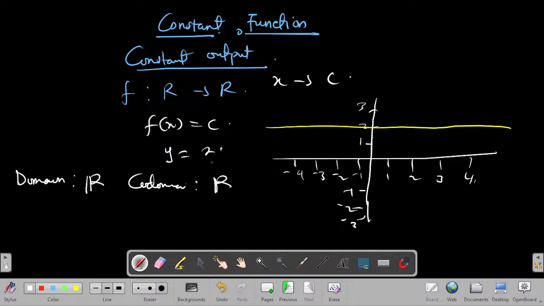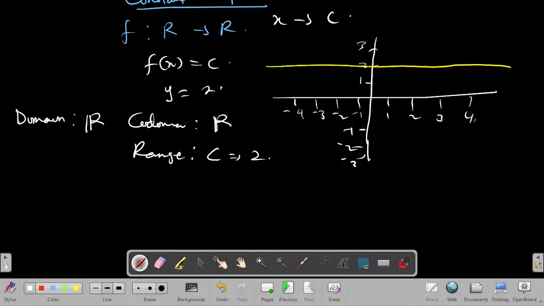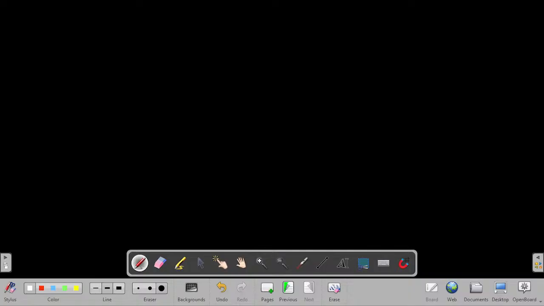Whatever you put in is giving you a constant output, so there is no value that can come out that will make it otherwise. So the codomain is a set of R. But what is the range? Ask yourself. The range is the outcome, and the outcome is what? c. So in this case, our range is 2. Simple as that.